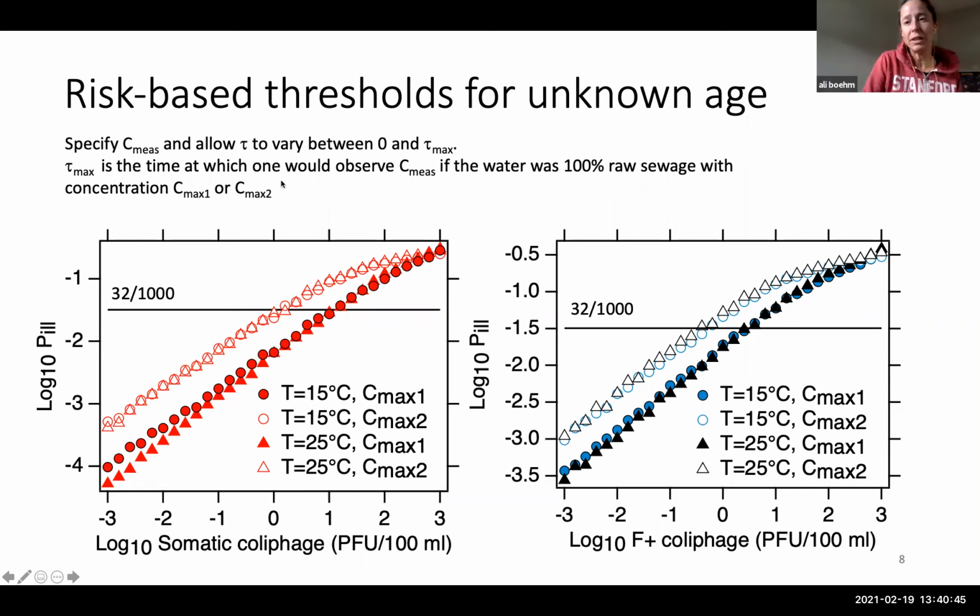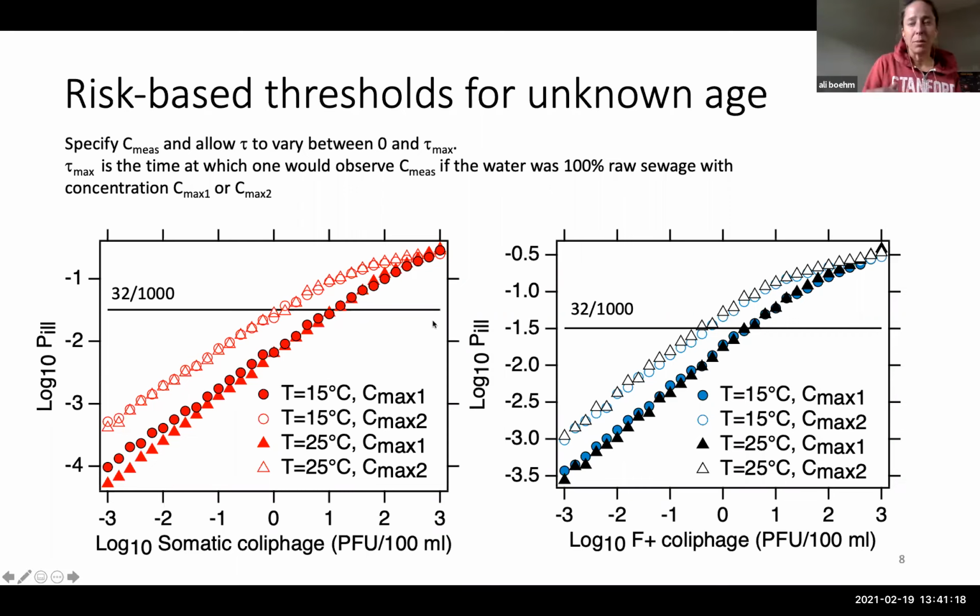And instead of pre-specifying what tau is, we said the age of this contamination could be anything between 0 and some maximum age. That maximum age is the time at which one would observe that particular concentration of coliphage if the water was 100% raw sewage with a certain concentration. Here we consider two possible concentrations, which I denote Cmax1 and Cmax2.